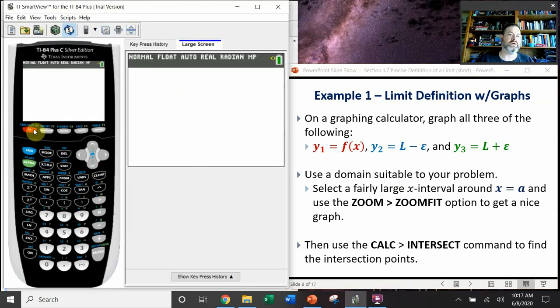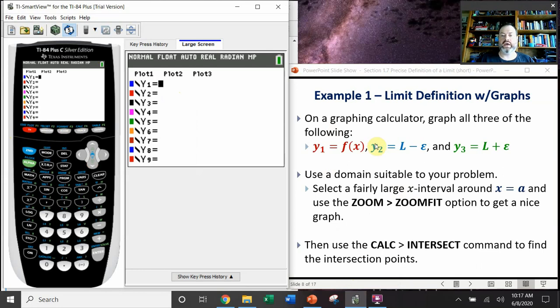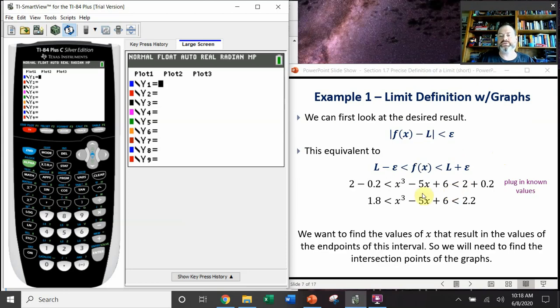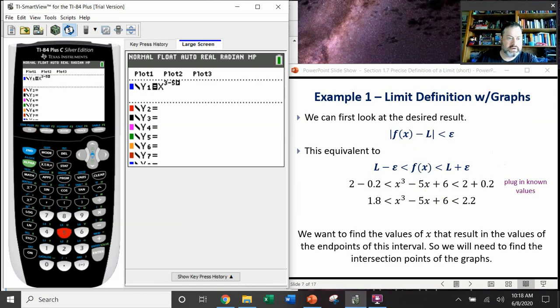Okay, so we're going to go into our grapher, and whatever your function is, the lower horizontal limit, the upper horizontal limit, and then we're going to have to find a window, right, that works. So let's go ahead and do that. So the function is x cubed minus 5x plus 6, right? X cubed minus 5x.